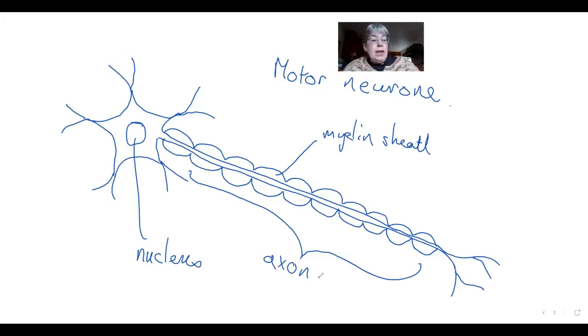So they're really long, and at the end of each one of these little bits sticking out, they're called dendrons and dendrites. You don't need to know that anymore, but you have synapses. And the synapse is there to communicate with the next cell. So the myelin sheath basically speeds up the transmission of electrical impulses, because you might not have been told that.